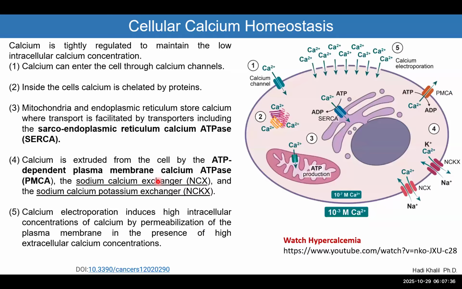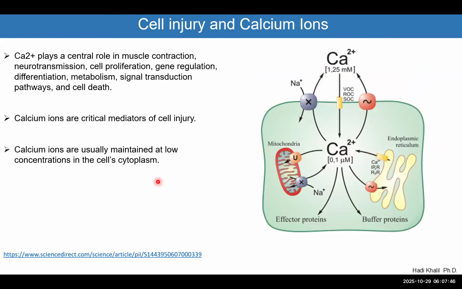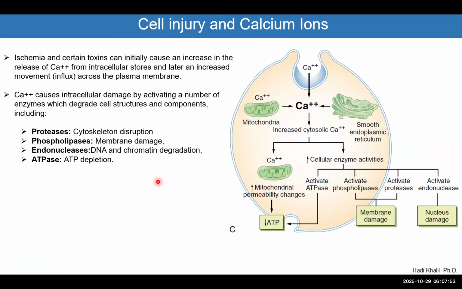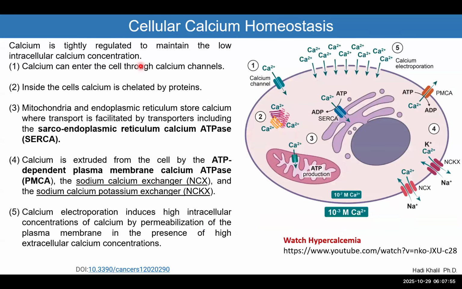So if we look at calcium, how does it enter the cell and what happens to it? Just to reinforce this slide here, because it's not really very well explained. You can see that calcium enters the cell through calcium channels. So it's very well gated, right?